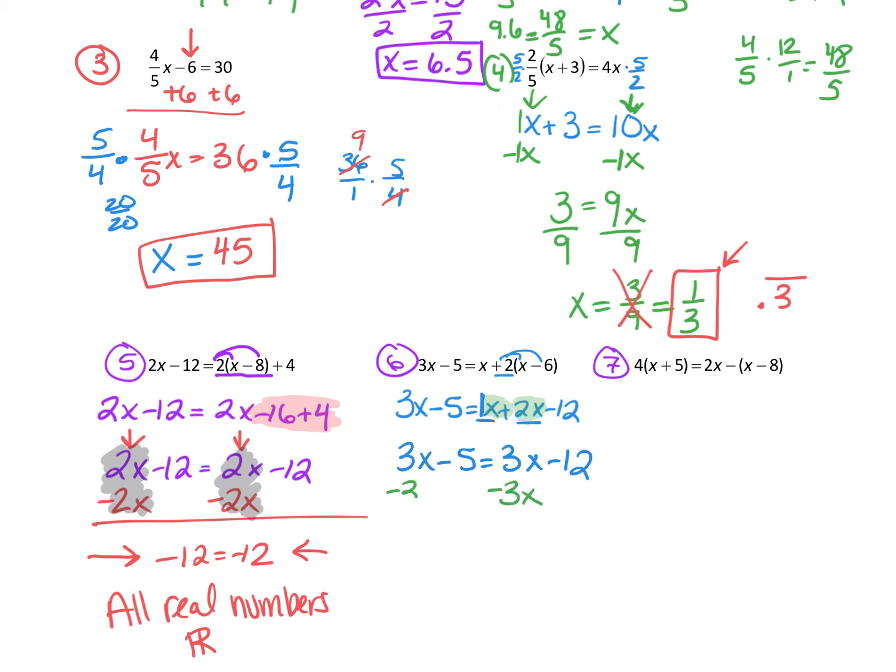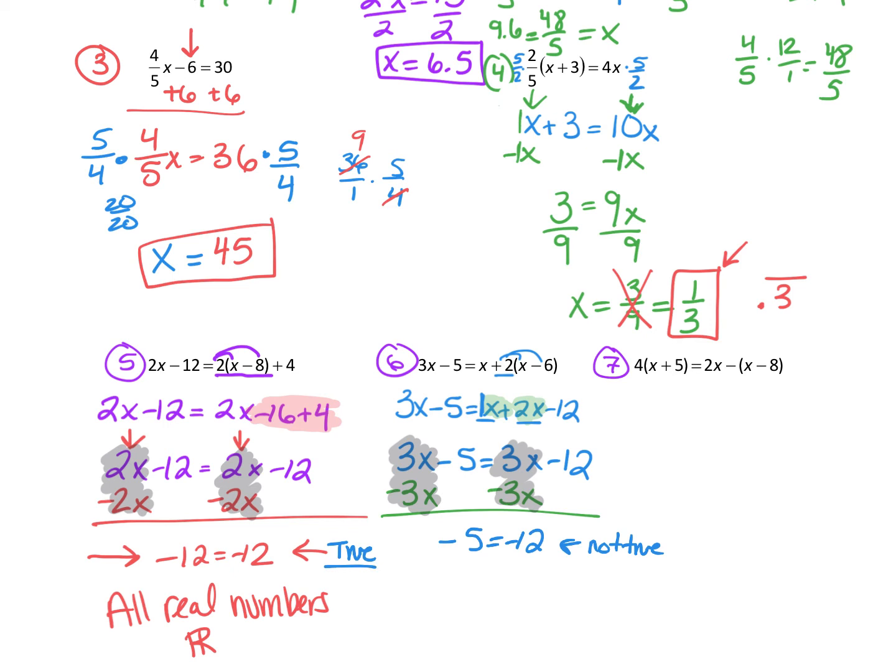So if I minus this 3x to both sides, this 3x becomes 0 because 3x minus 3x is 0. So what I'm left with is negative 5 equals negative 12. Now, this is not true versus this one was true.